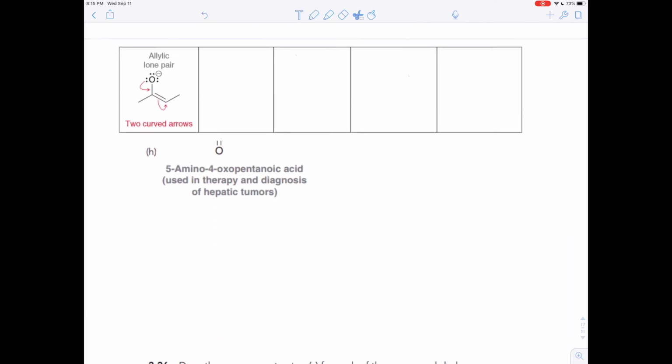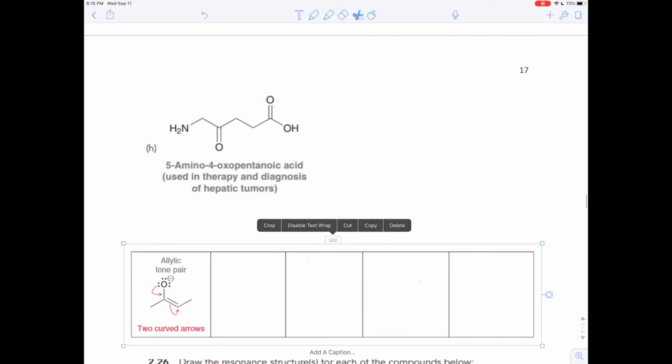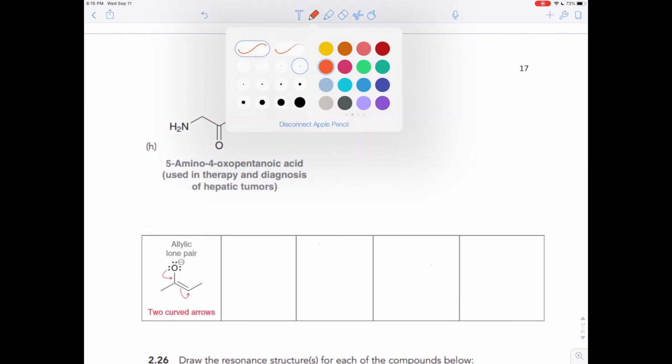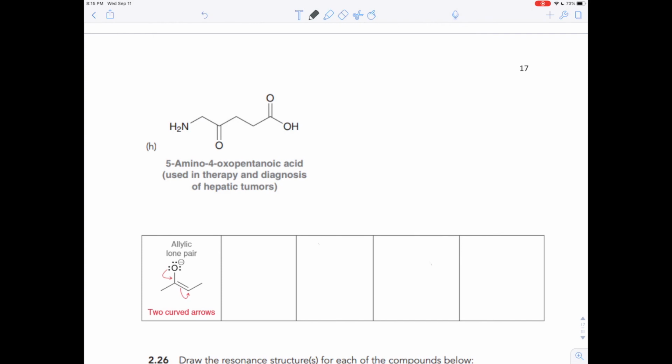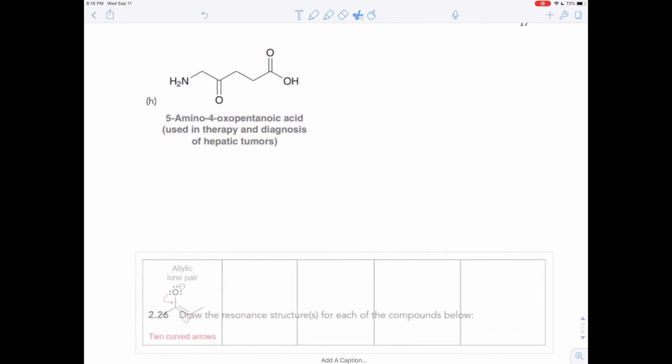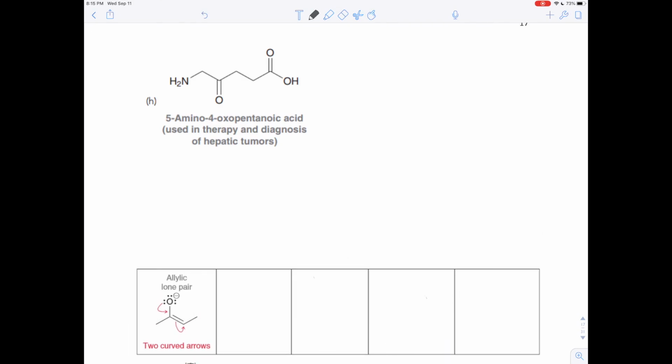All right, last example for this, in exercise 225, we have this structure. Let's draw in the lone pairs. And actually, I might just copy this structure down and expand a couple of these bonds. So this is a drug that's used in the therapy and diagnosis of tumors in your liver. Hepatic means in your liver.